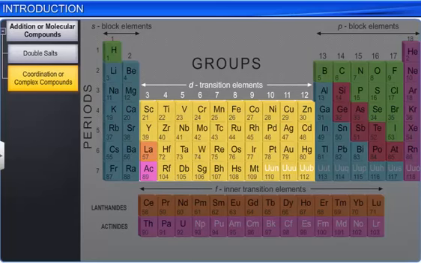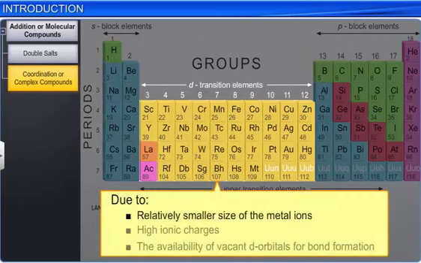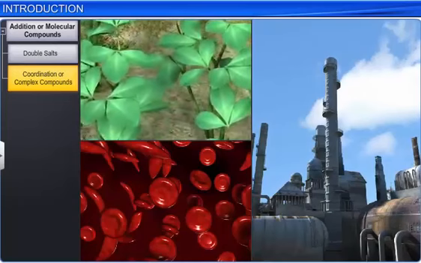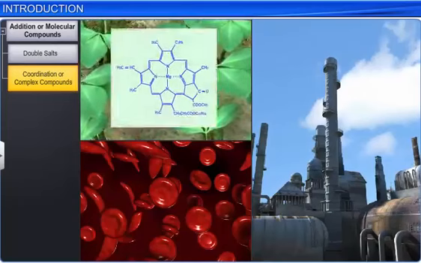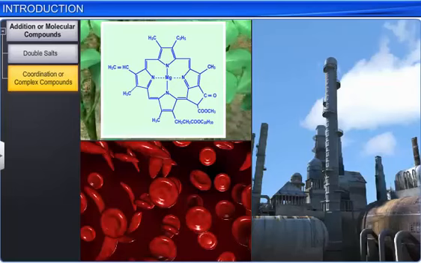This is due to the relatively smaller size of the metal ions, high ionic charges, and the availability of vacant d orbitals for bond formation. Coordination compounds form the backbone of modern inorganic and bioinorganic chemistry and chemical industry.